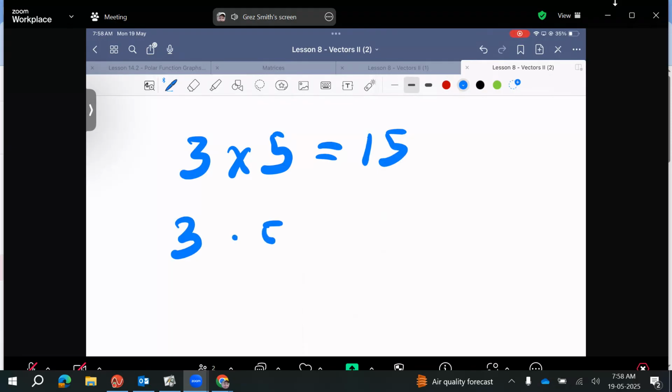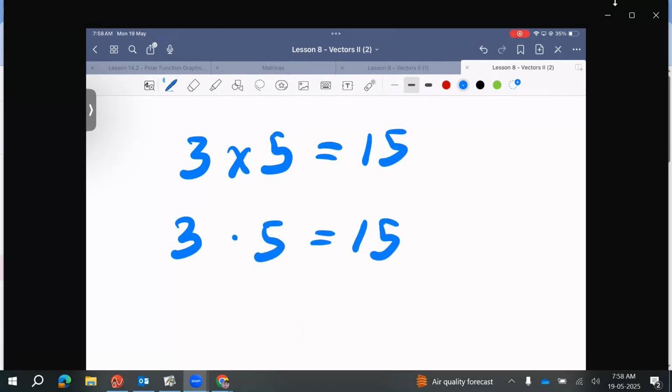What is 3 dot 5? In vectors, these are not the same. We have two types of multiplication, and in arithmetic and in algebra they produce the same result. In vectors and matrices, they will not. Multiplication works differently in these more complex number systems, and they'll give you different results.